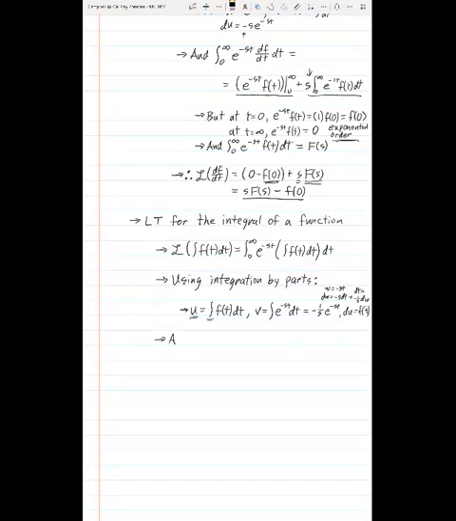Then plugging all that in, we get the integral from 0 to infinity of e to the negative st times the integral of f of t dt, times dt, is simply equal to, and here I'll do the equals down here, because with the integral notation things get a little fat in the line, so I'll skip a line, the integral of f of t dt, all multiplied by negative 1 over s e to the negative st, and then we'll evaluate from limits of integration 0 to infinity.